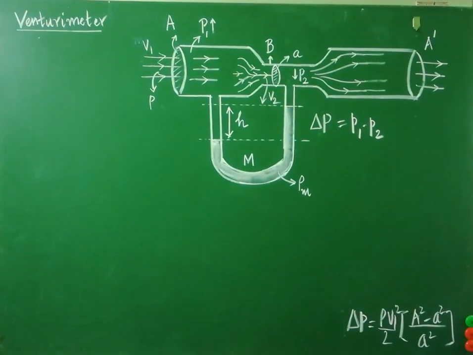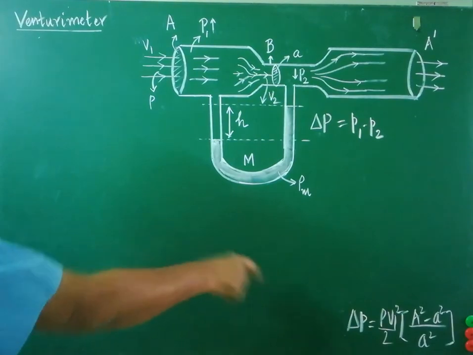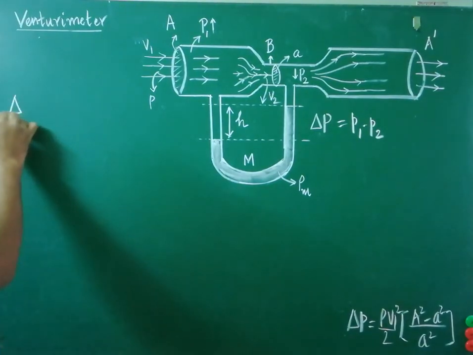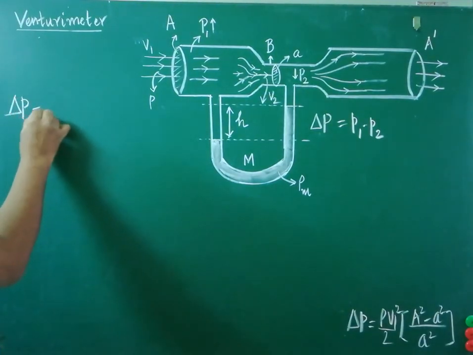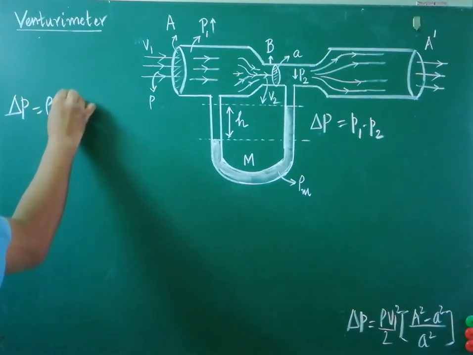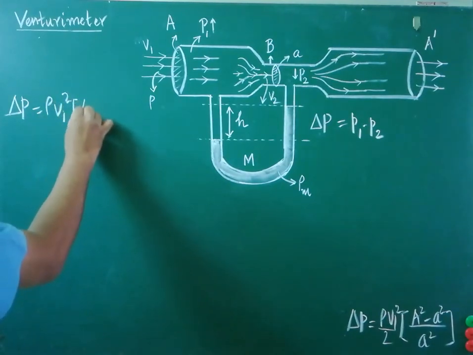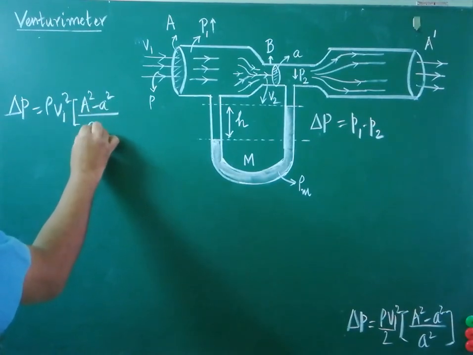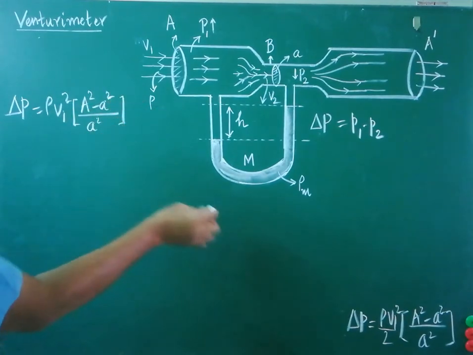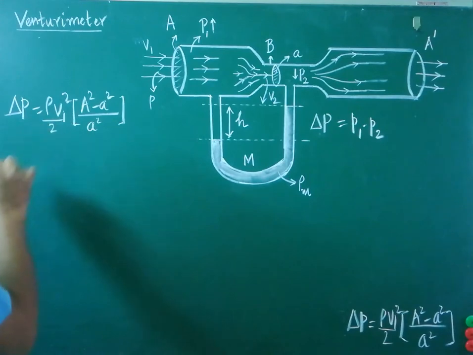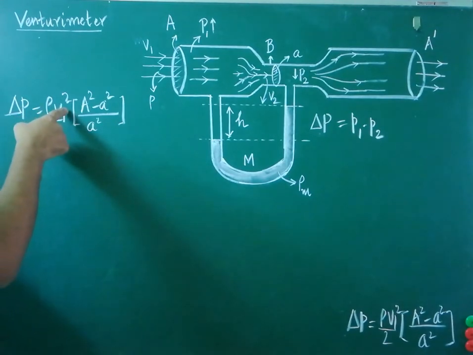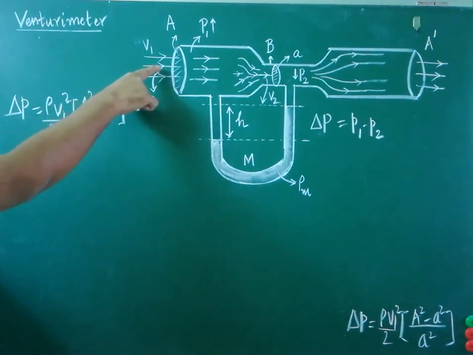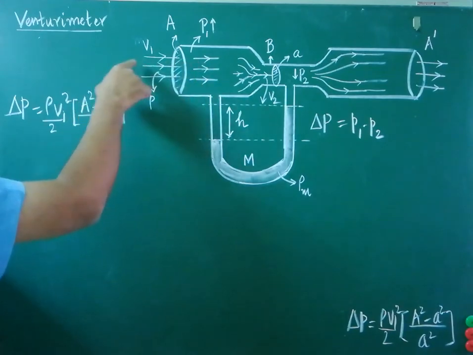Now we are going to derive the final step. Already I have calculated the difference in pressure. Again I will rewrite the equation. Del P is equal to rho V1 square in bracket capital A square minus small a square divided by A square, and in the denominator 2 is there. From this equation we are able to get the velocity with which the liquid flows within the tube.